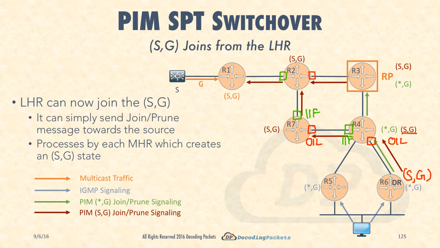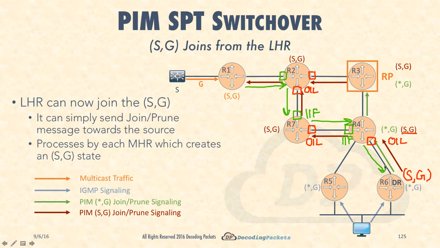As it receives an S,G join from R7, it'll simply add one more interface to the OIL. But now, as you can see, there is an SPT that goes from R1 towards R2, down to R7, towards R4, and finally down to R6.